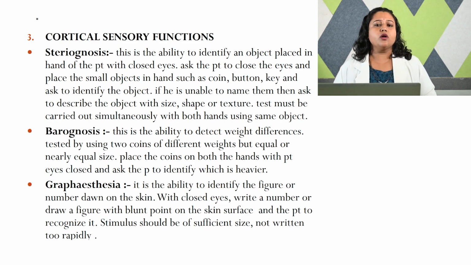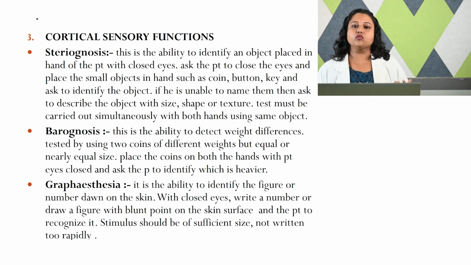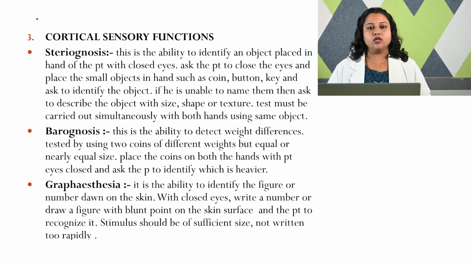If the patient is not able to understand what object is placed in the hand, then he has to describe the texture of the object, or the feeling of the object. Now take the same object, keep it in the other hand and perform the same test on the other hand. Now the next test is barognosis.